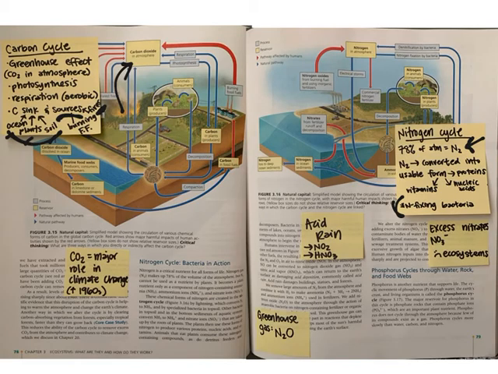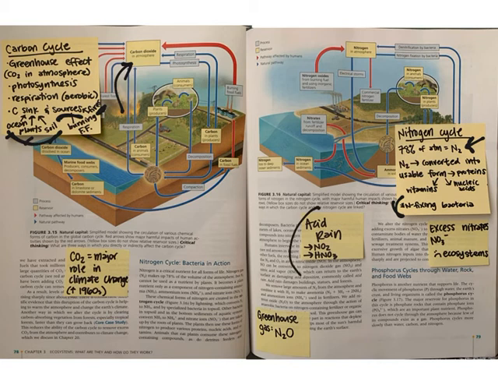So some of the ways in which the human population is altering the nitrogen cycle includes burning of fossil fuels. So when we burn gasoline and other fuels, we're creating nitric oxide, and that could return back to the environment as acid rain.